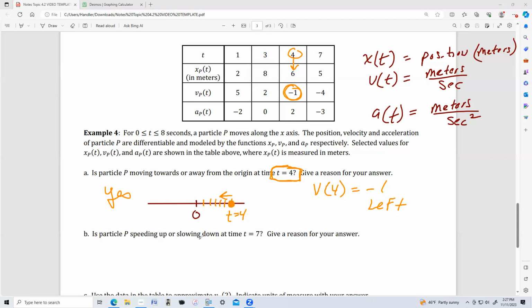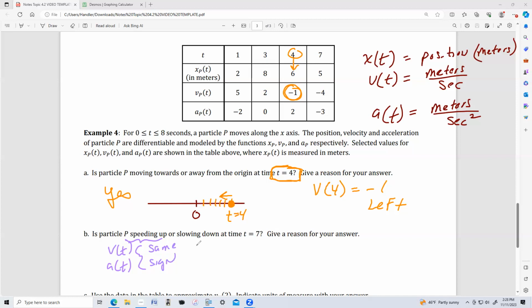Okay, part B says, is the particle speeding up or slowing down at time 7? If you go back to your notes, speeding up is when velocity and acceleration have the same sign, just as a recap.